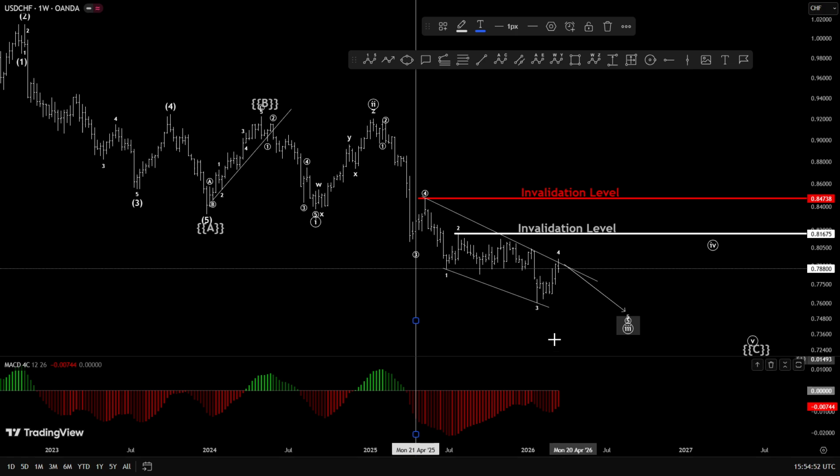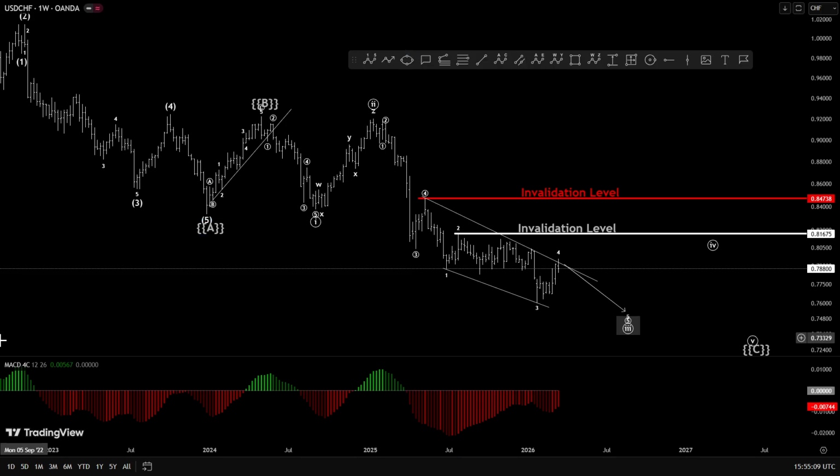That gives us confirmation of this wave 3 and the corrective structure of wave 4, and we're expecting wave 3 of this wave 5, which is an ending diagonal. Once we complete an ending diagonal, we have a corrective structure and we go all the way down. That is how we use MACD as confirmation.